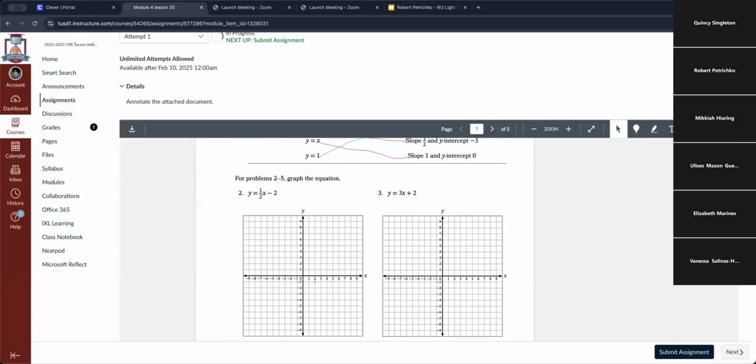Okay, and draw a line through -2. You see -2 on the y-axis? On the y-axis. Go all the way down to -2, right? And then you went up 1 over 2. Do that again so you can make your point strong enough so that they can see it.